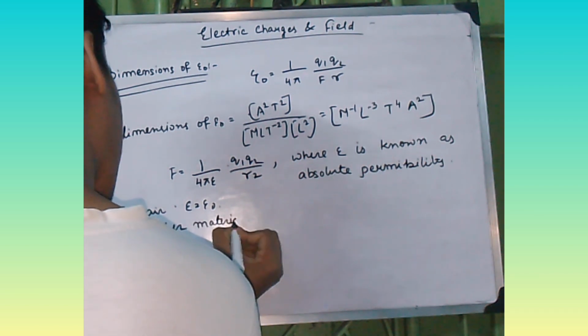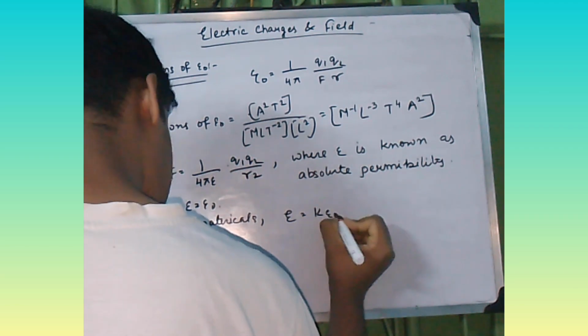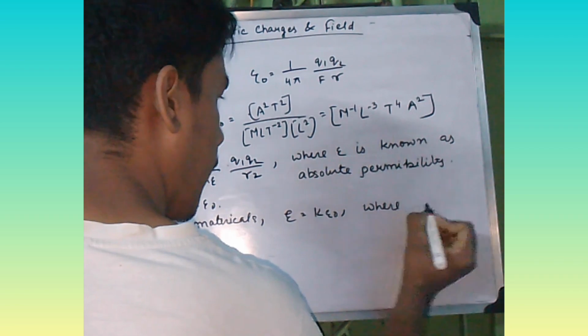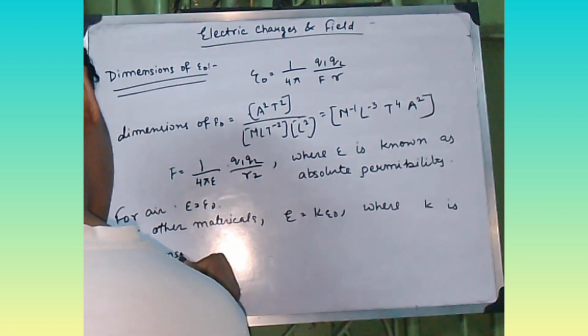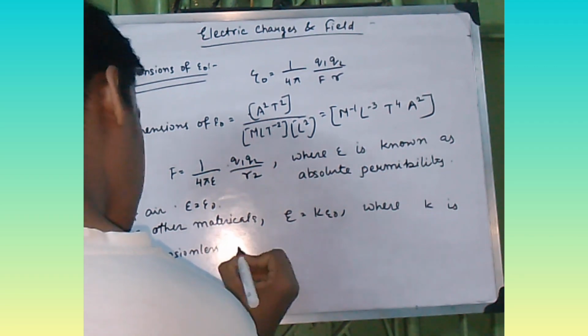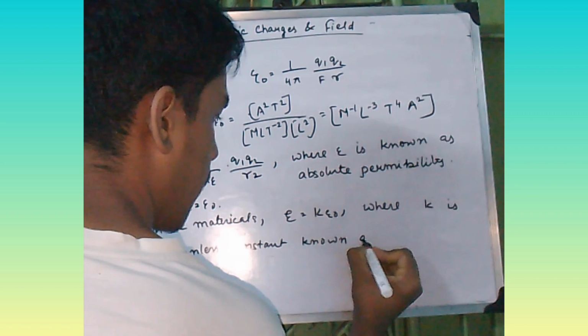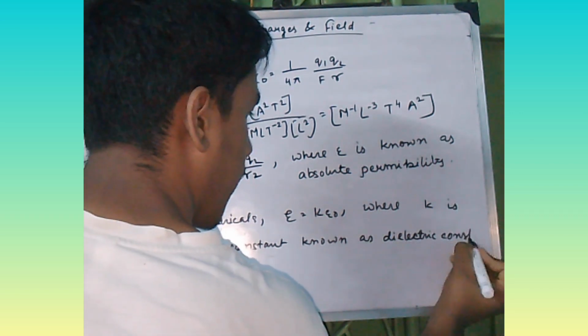For air, the absolute permittivity is slightly higher than epsilon naught, so it is almost equal. For other material, epsilon equals k epsilon naught, where k is a dimensionless constant, also known as the dielectric constant or relative permittivity or specific inductive capacity of the material, and the material is called a dielectric.